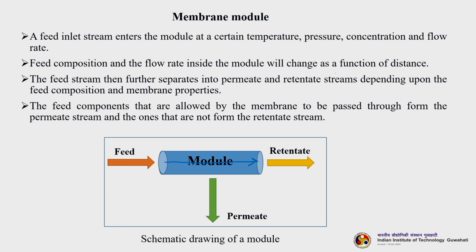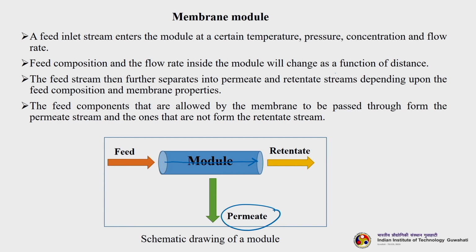The concentration of the rejected solutes on the surface of the membrane increases as the flow progresses, while the concentration of the solutes that pass through to the permeate side continuously decreases in the feed. So, the feed stream separates into permeate and retentate streams depending upon the feed composition and the membrane properties.